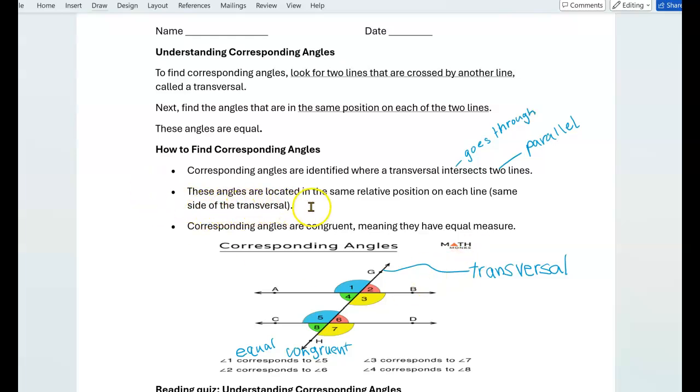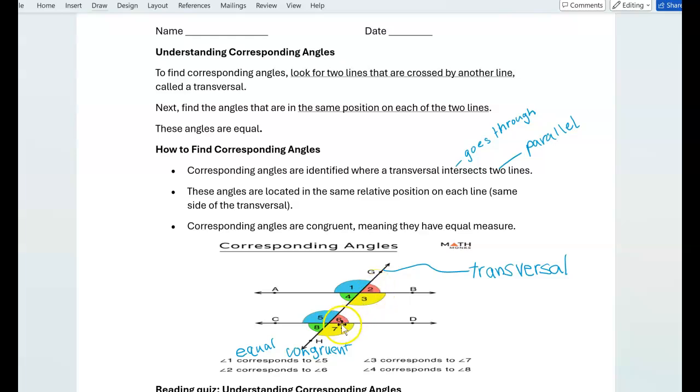These angles are located in the same relative position on each line, on the same side of the transversal. Can you see how the blue angles are on the same side as the transversal line? And the green angles are on the same side as the transversal line?